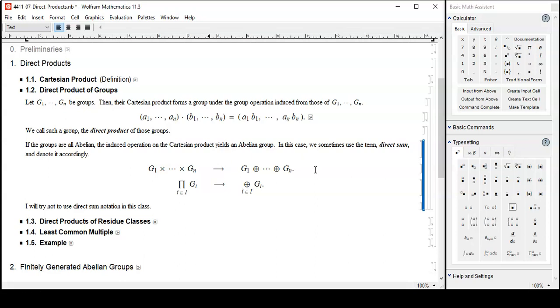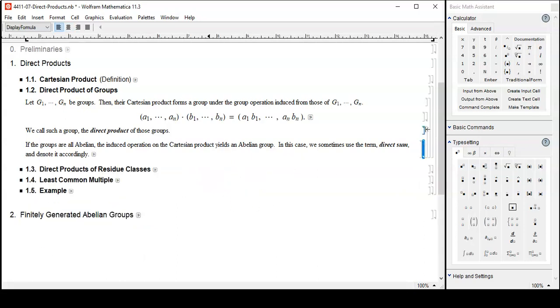But even for the abelian case, our textbook author uses this cross notation and this product notation most of the time. I think all the time. So I'll try not to use these expressions on the right-hand side.